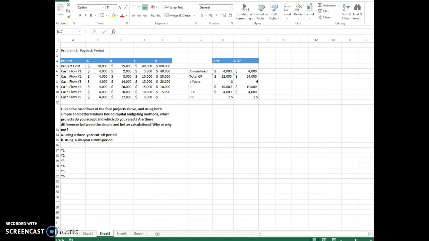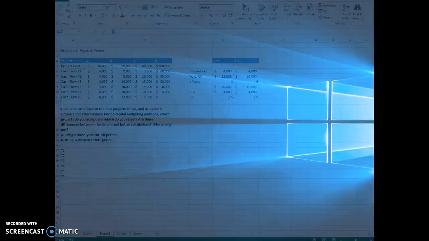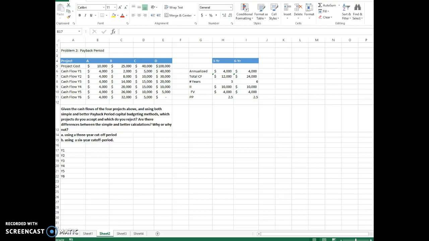We want to figure out the cash flows for each year. So we've got an initial project cost. Let's start a column that says that, initial cost. It's only going to be at the very beginning. We're going to bring that down, equals the project cost.